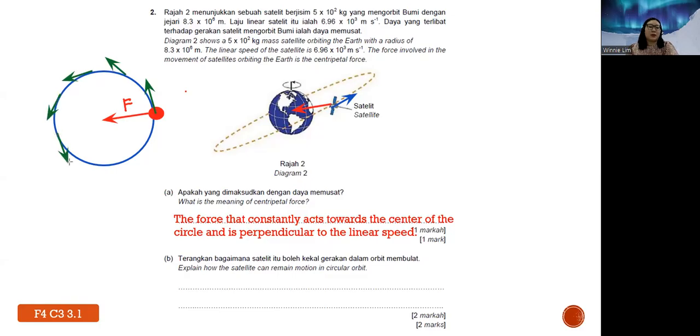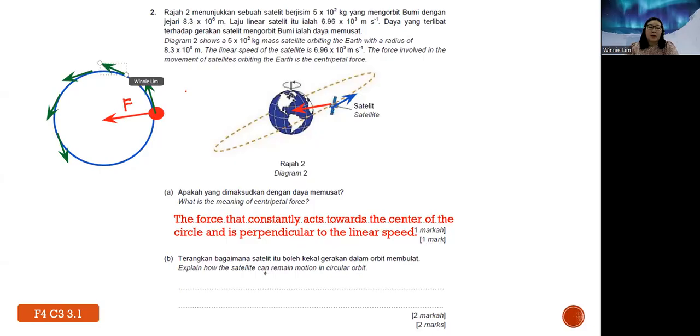That's why it moves in a circular path. The speed is basically constant, but due to the change in direction, we say there is acceleration.